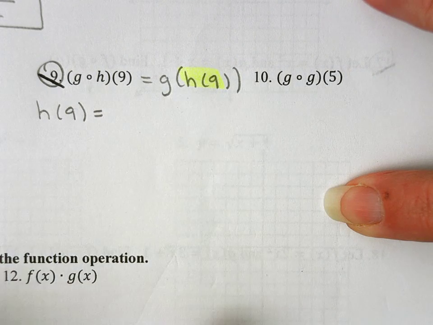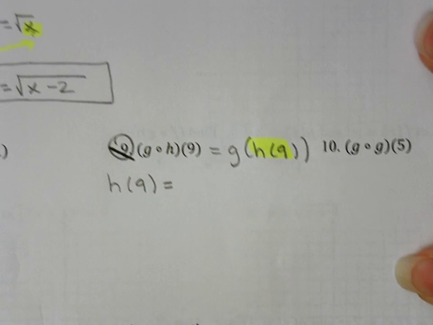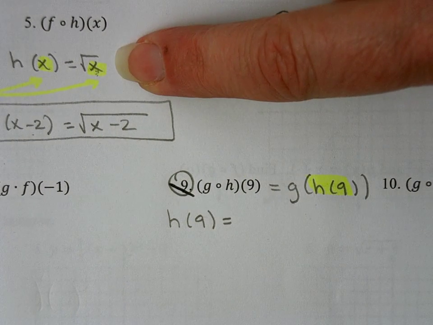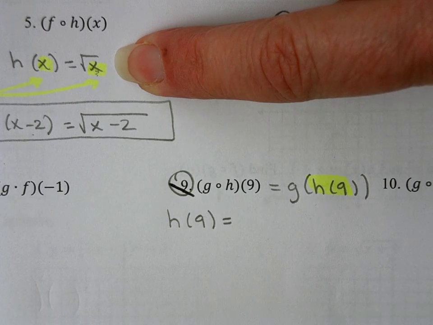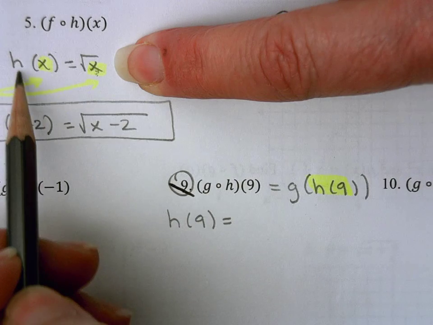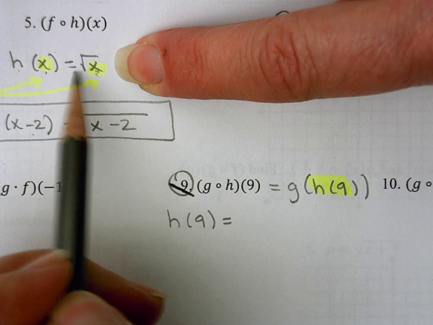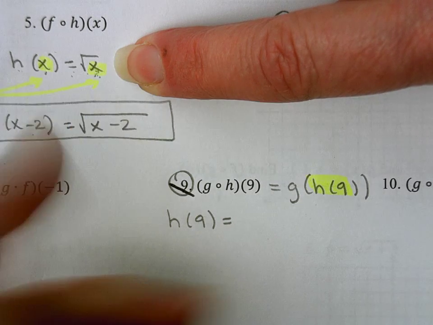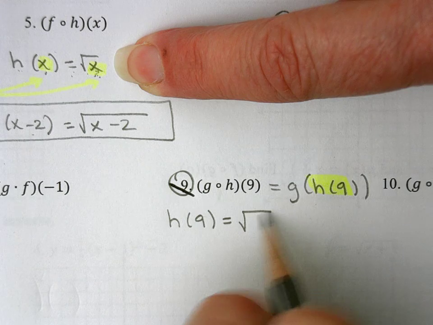And I know that h of x, from the problem I just got done doing and looking at the top of the directions, I know h of x is the square root of x. So instead of h of x equaling the square root of x, I have h of 9 equaling the square root of 9. So I'm going to replace the x with 9.